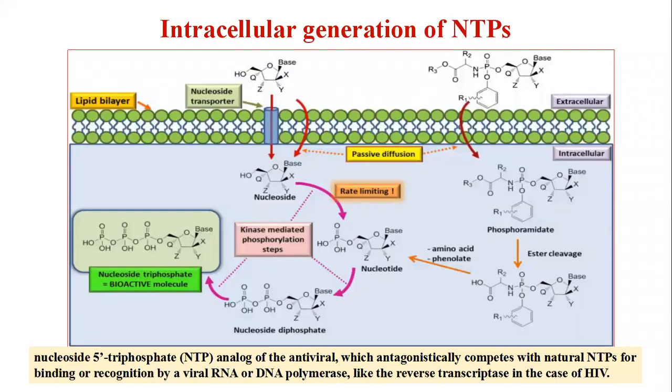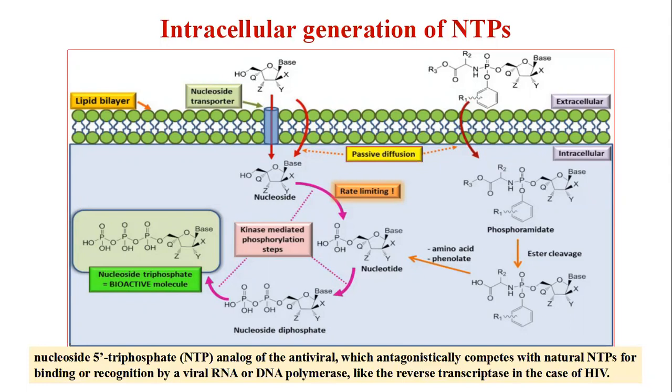So here you can see how these nucleoside analogs enter. Normally in the lipid bilayer of the cell membrane, there is a nucleoside transporter. But these nucleoside analogs will enter the cell cytoplasm via passive diffusion like the nucleoside.